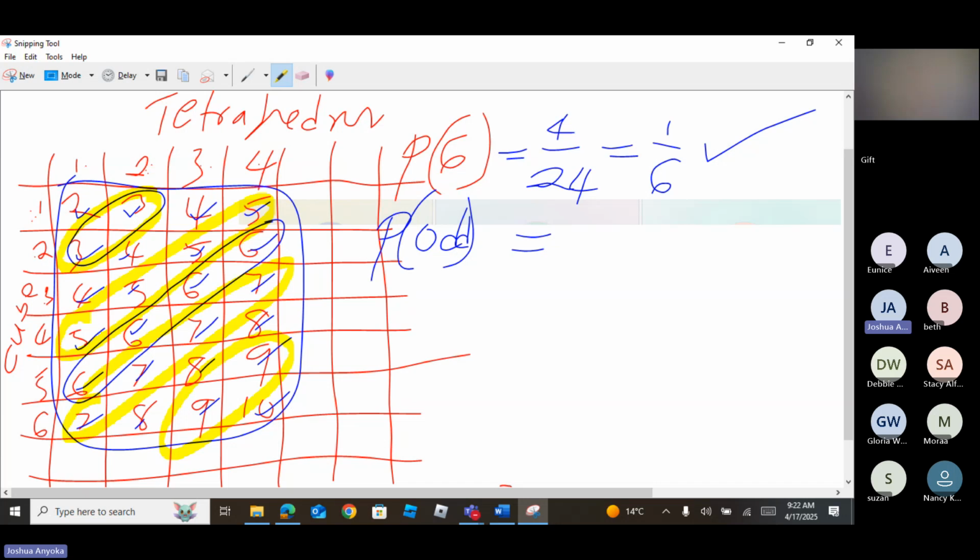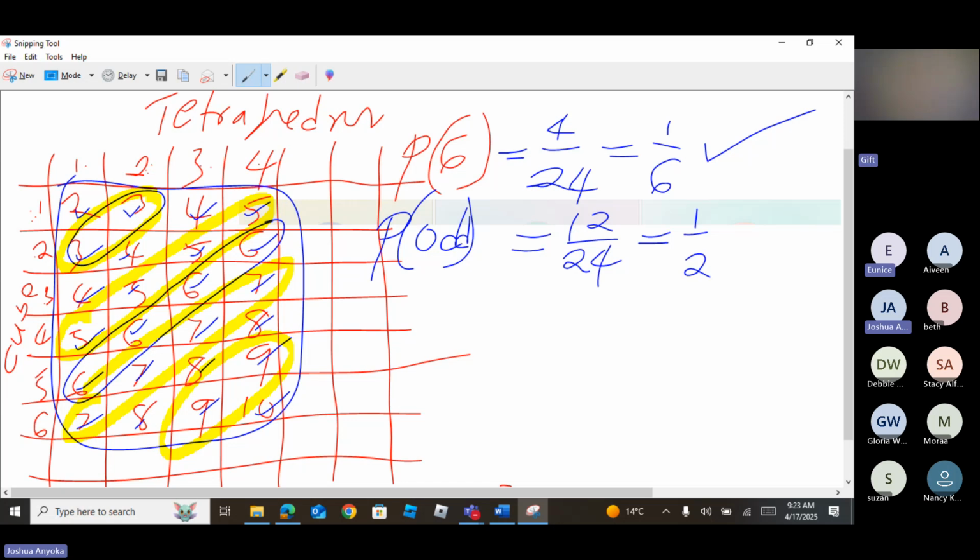So in total, how many are they? 2 plus 4, 6. 6 plus 1, 2, 3, 4, 10. 10 plus 2, 12. So the outcome favoring the event, 12 over total 24, which gives us a half. Are we in agreement? Yes. Yes, Eunice, next question.